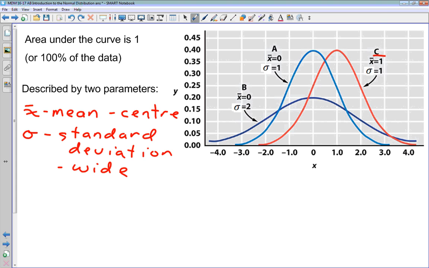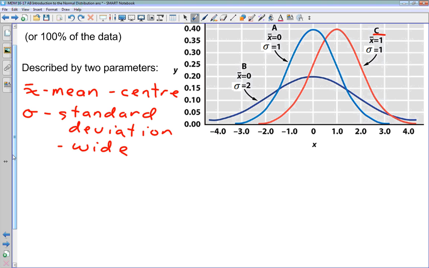And the big thing is that the shape doesn't change. Okay? It's always got that bell-shaped symmetric curve to it, no matter how you change the mean or how you change the standard deviation. So the normal distribution is kind of like a standard distribution that you can use for doing a lot of probability calculations. All right.